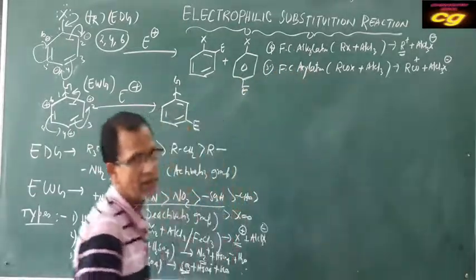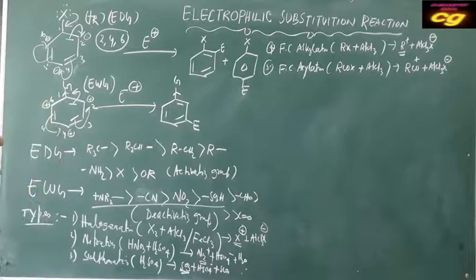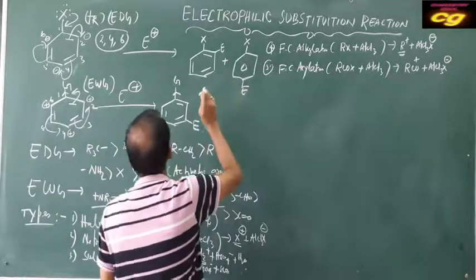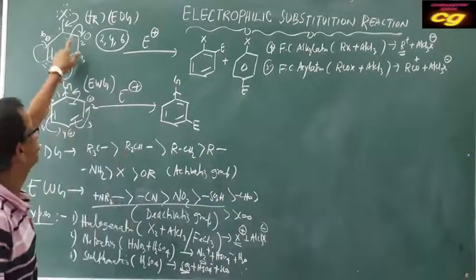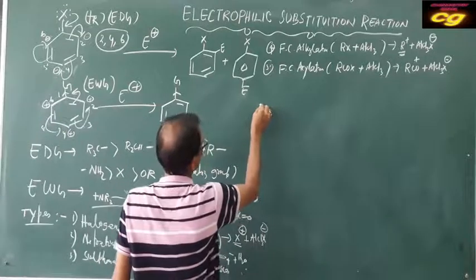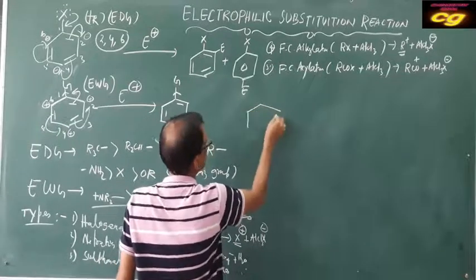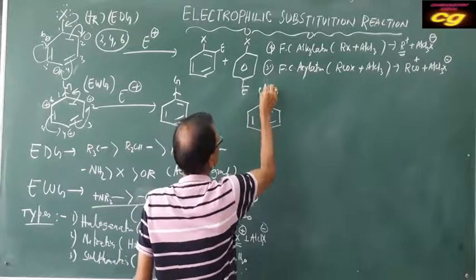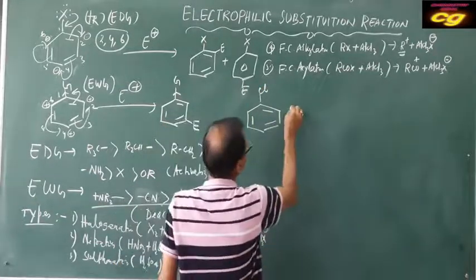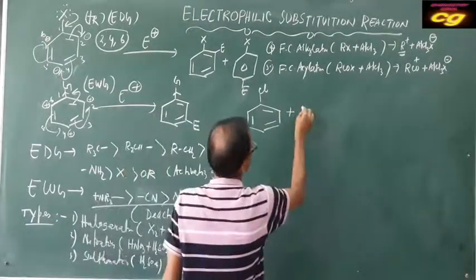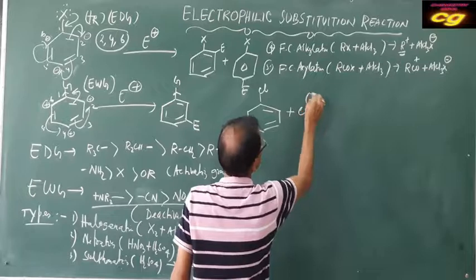Then what is the mechanism? How does the reaction take place? Let us take one example, ortho substitution. If it is a haloarene, suppose chlorobenzene, this is your chlorobenzene. When you add an electrophile, suppose halogenation, the electrophile is Cl plus.